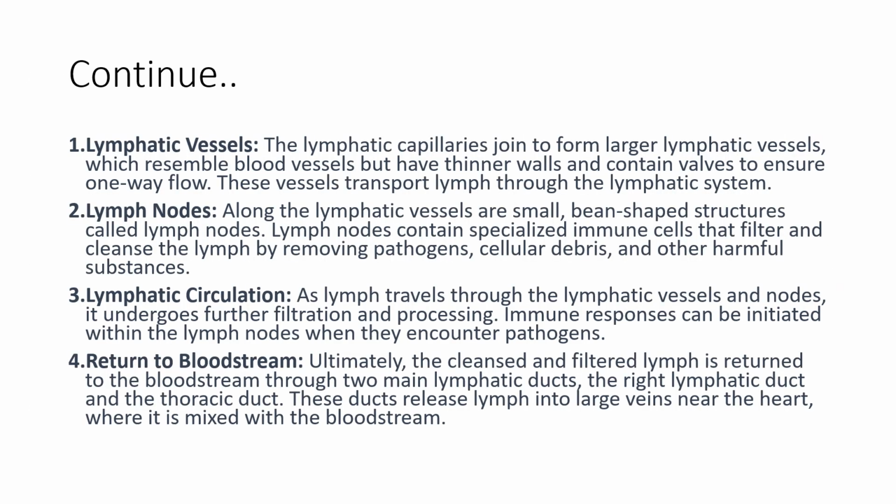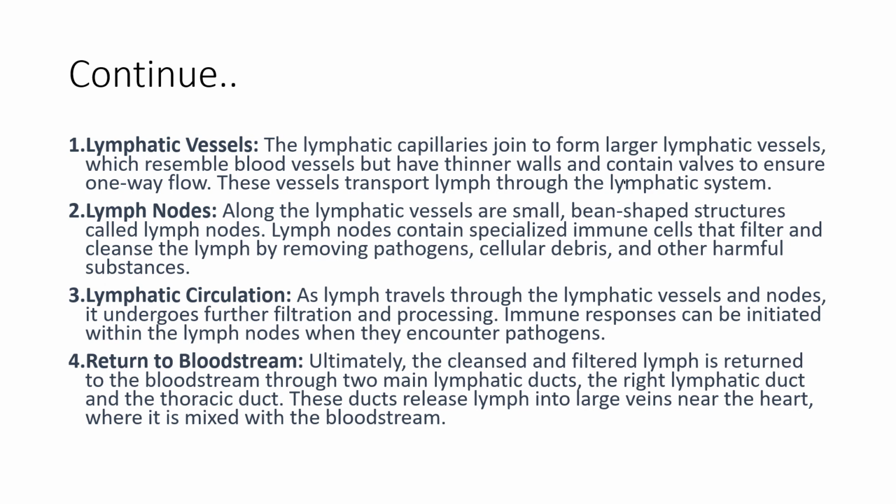Now, continuing, what are lymphatic vessels? These are tiny capillary-like vessels, and they are more permeable than the blood capillaries, so they can accommodate very large quantities of matter. They resemble blood vessels but have thinner walls, and they contain valves.